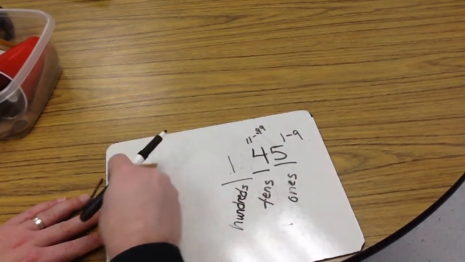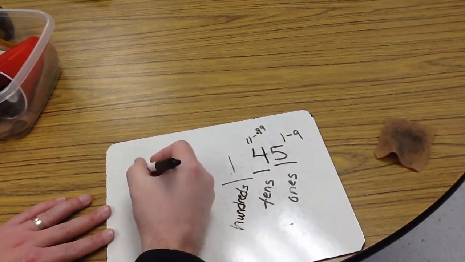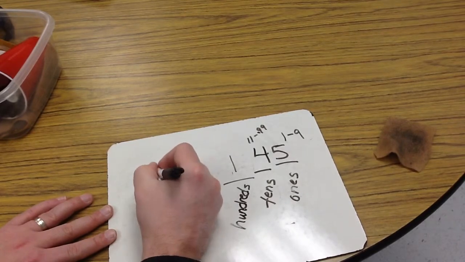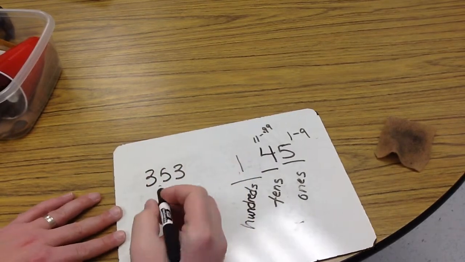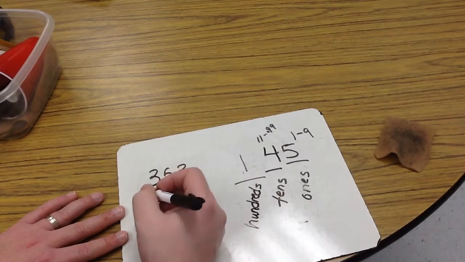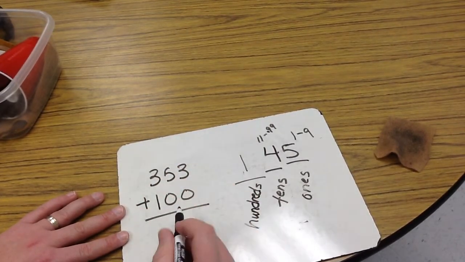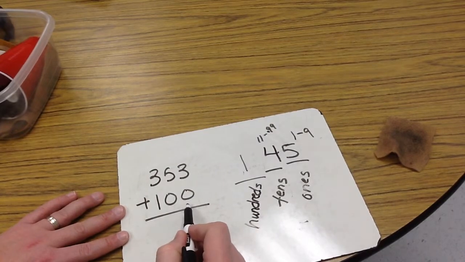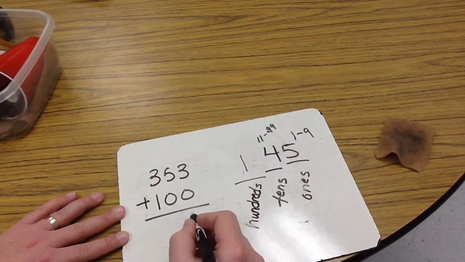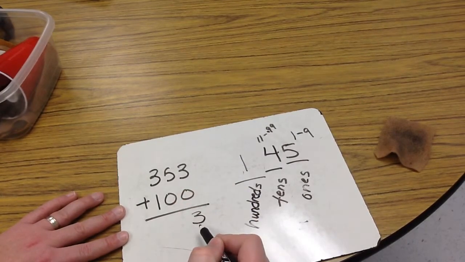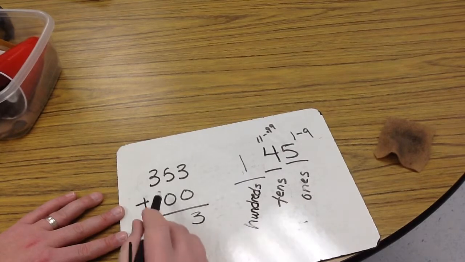So if I took a number and I said to myself, here I have the number 353, and I'm adding 100. I don't have any ones to add, so this has to be this, because there's no ones here for that place value. There's 3 ones here, so that means I have 3 for my answer.